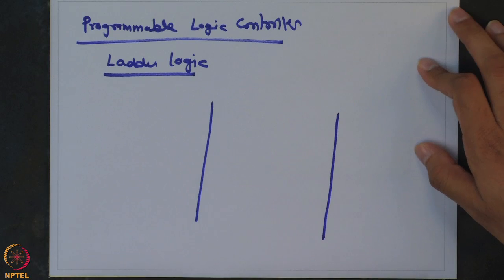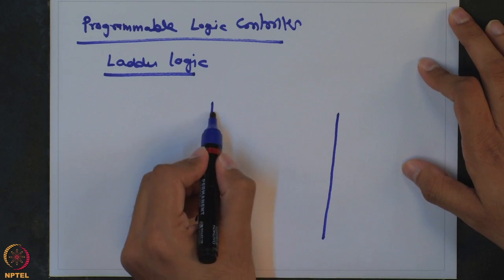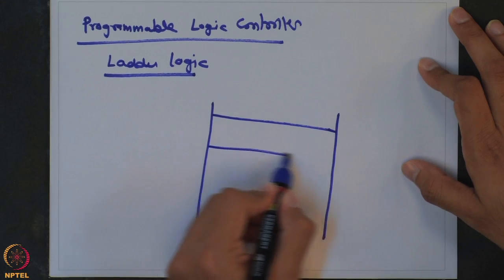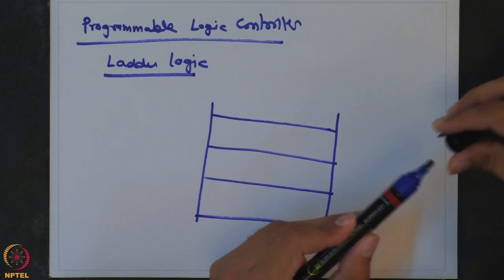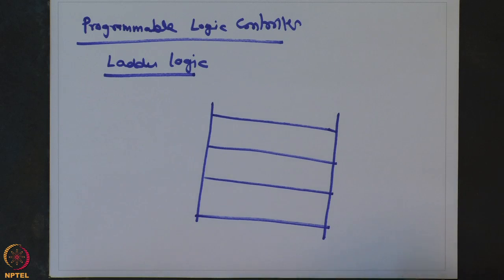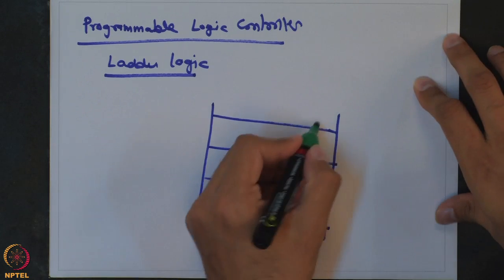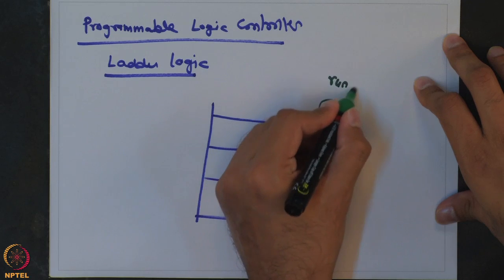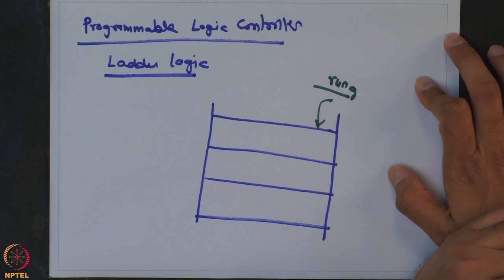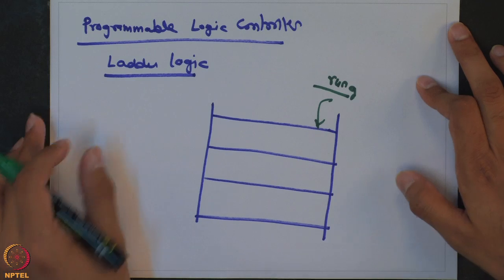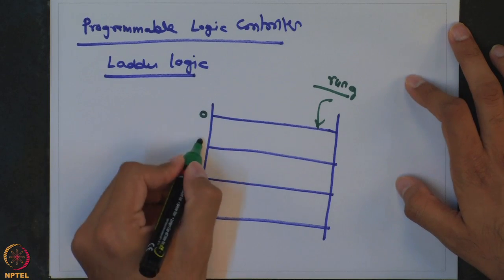All of you know what a ladder is, and a ladder has different rungs. Every step in a ladder is known as a rung. And each rung will have a certain logic or step associated with it.